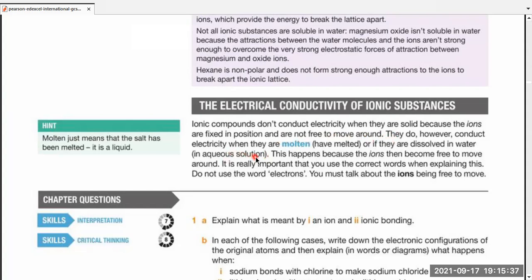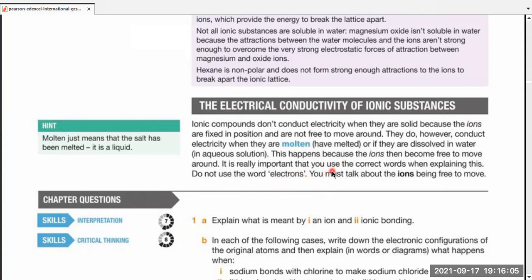However, they do conduct electricity when they are molten, because then the ions are free to move, or when they are dissolved in water, in aqueous solution, the third state in this case, and the ions are free to move. When the ions are free to move, they carry current. When the ions are not free to move, ionic compounds become insulators and they do not conduct electricity.